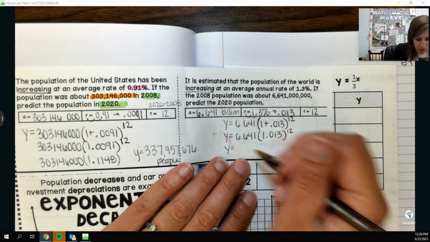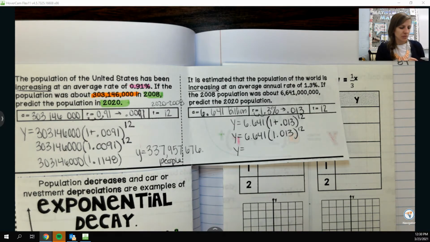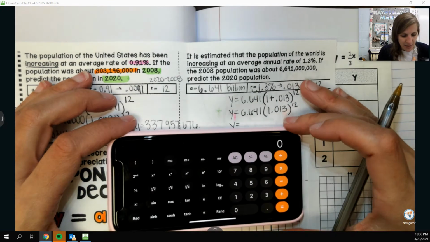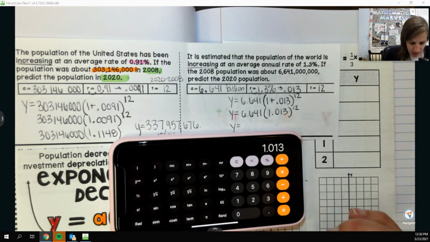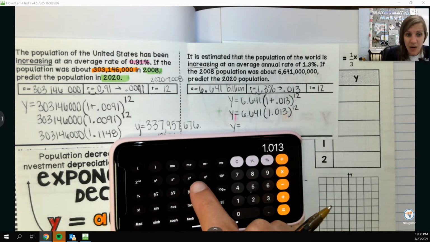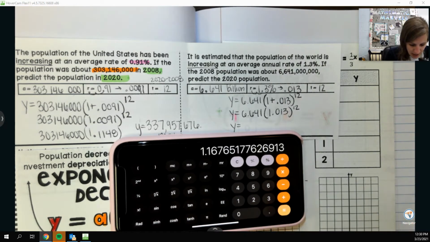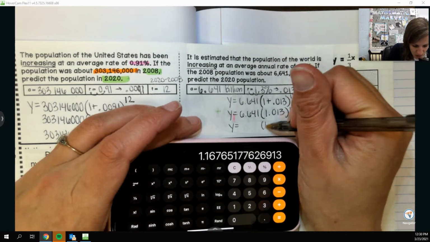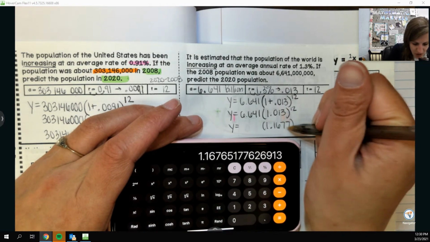Then I need to do the exponent. So back to my handy dandy calculator here. I'm going to type in 1.013 to the power that I want. So this one here, 12th power, which is 1.1677, if I round correctly.